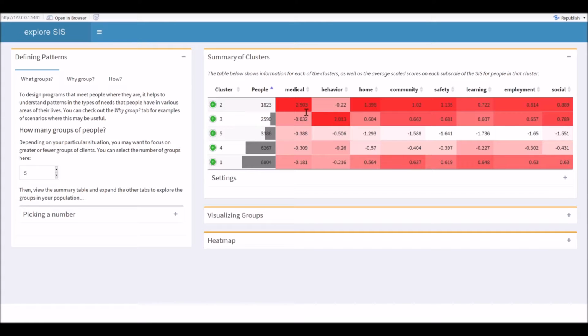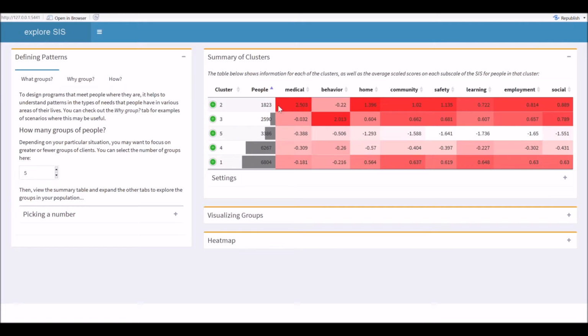So when we look at this table, the thing that obviously pops out is that some squares are darker than others. And the darker a square is, the more need there is, or the higher the average need is in a given area for that group of people.